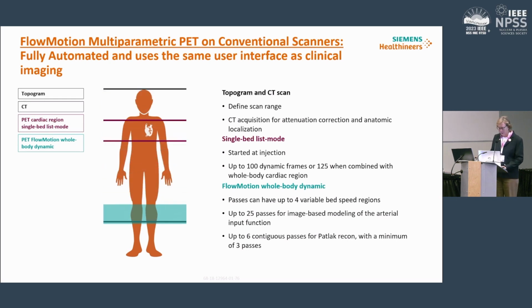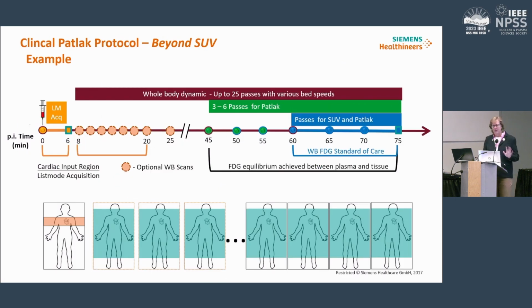And just to give you an idea of the workflow, if it's the fully automated one, the patient is injected on the bed. That's that time zero that the previous speaker was talking about. So inject on the bed, first 6 minutes, and then we start our whole body dynamic passes.